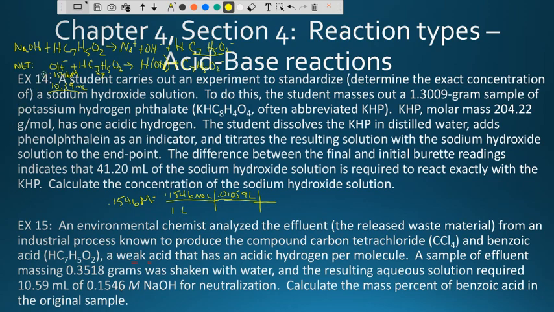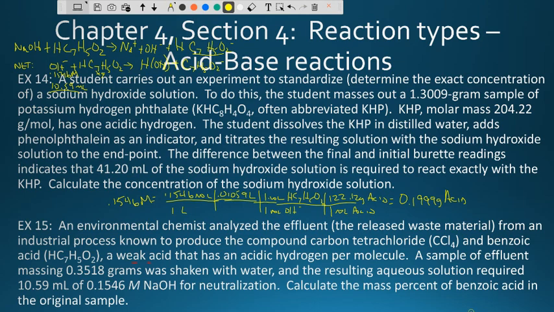In my balanced equation, I see that I have 1 mole of hydroxide for every mole of my acid. And that acid is HC7H5O2. The reason I include that in there is because then I can figure out the grams. 1 mole of my acid, they tell me, has a mass of 122.12 grams of acid. And so that gives me 0.1999 grams of my acid.